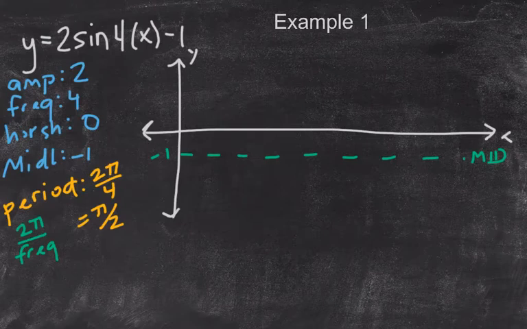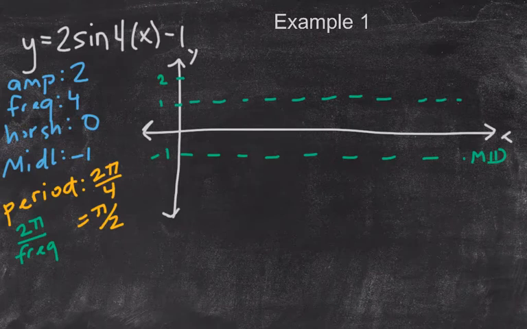My amplitude is 2, so my maximum y value is going to be 2 units above the midline. So that's going to be a maximum y value at y equals 1. And 2 units below -1 is a minimum y value at y equals -3.